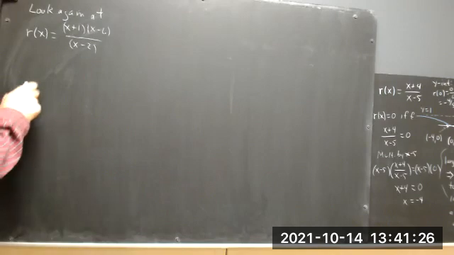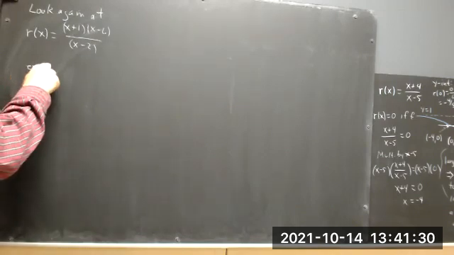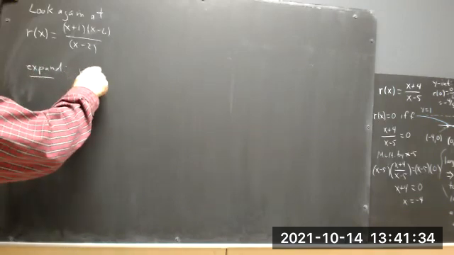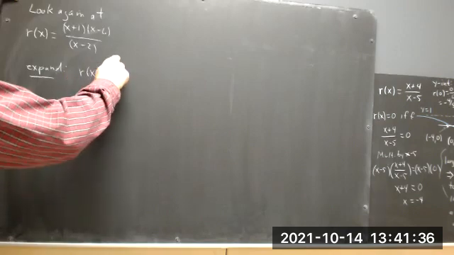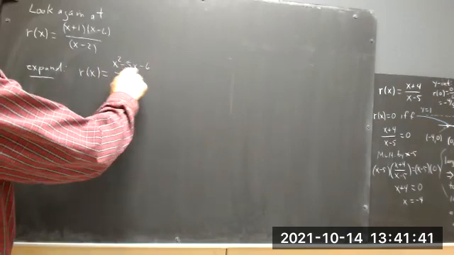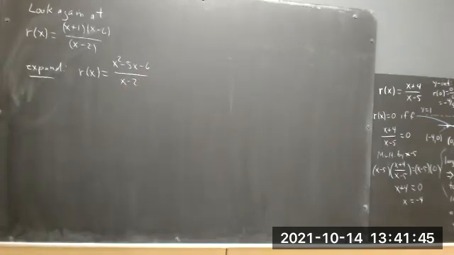Okay. If we expand this, r of x is x squared minus 5x minus 6 over x minus 2.